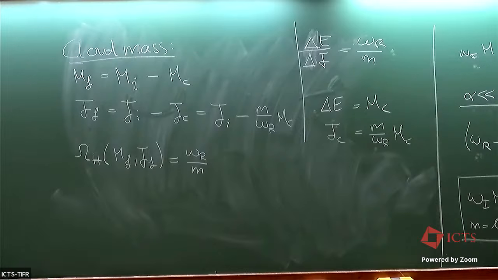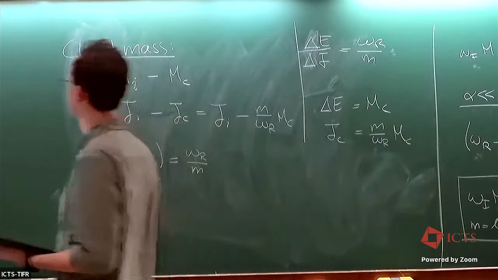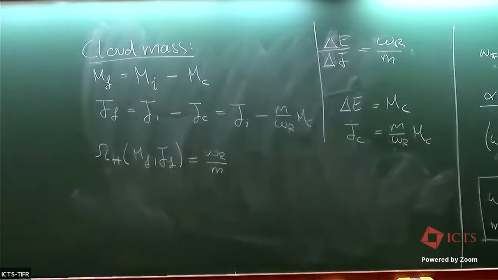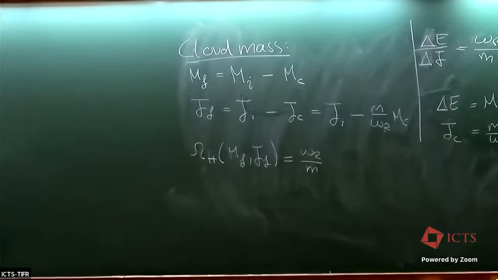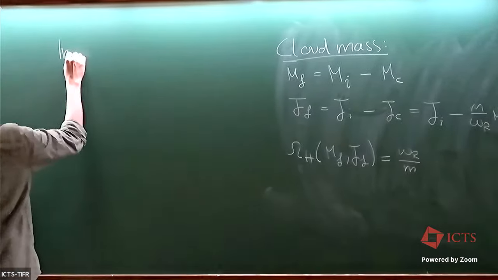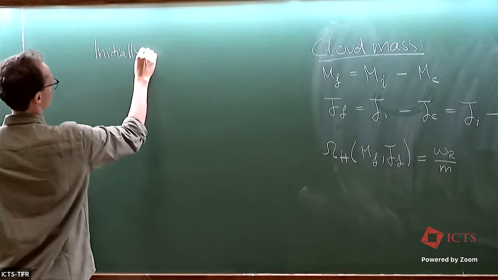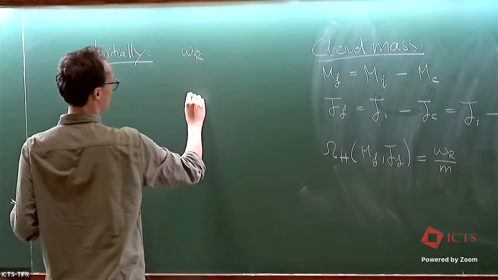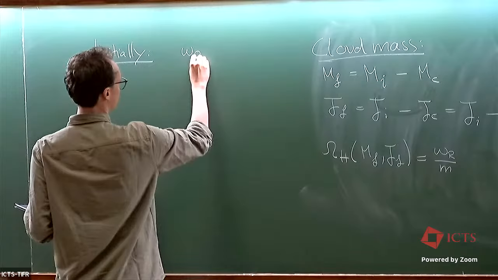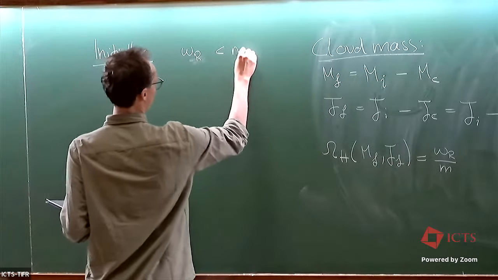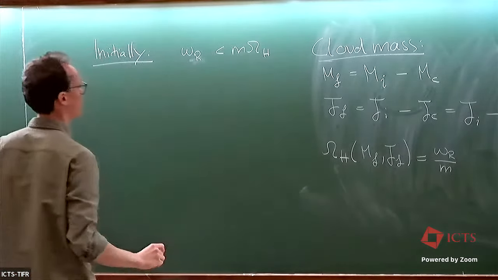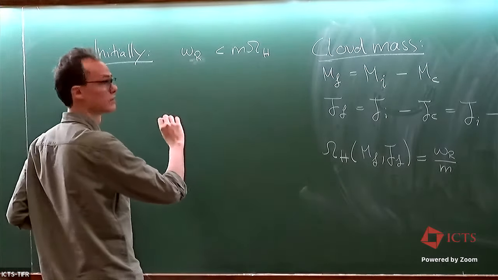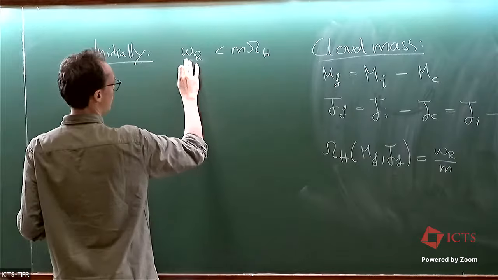Perhaps it's easier to see this way. Initially, we are in a cloud state where omega is smaller than m omega h. Now let me multiply by an m on both sides, and let me say that omega r is roughly mu.